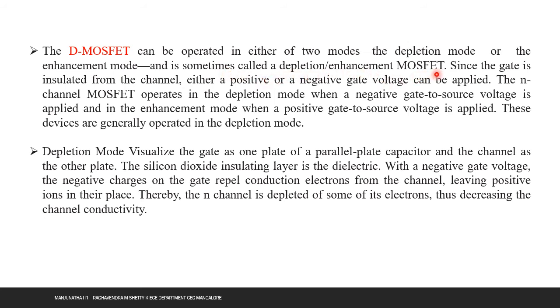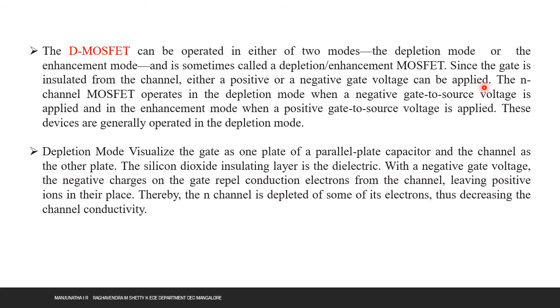The DMOSFET is sometimes called a depletion or enhancement MOSFET, because we are able to operate it in two different ways: EMOSFET, enhancement MOSFET, and DMOSFET. Since the gate is insulated from the channel, either a positive or a negative gate voltage can be applied. At the gate there is a silicon dioxide layer, and the channel already exists.